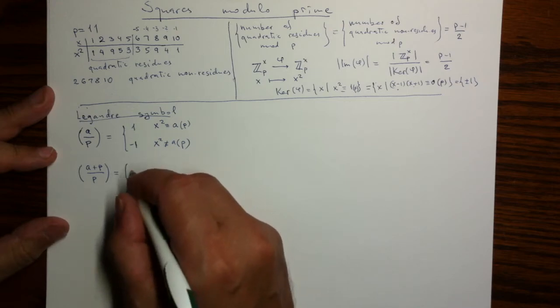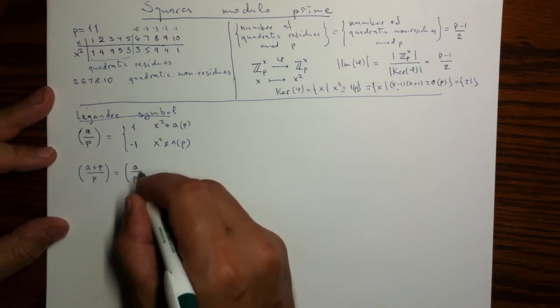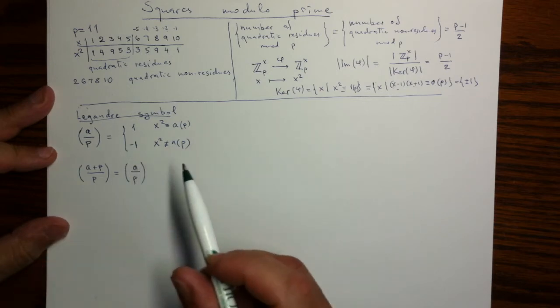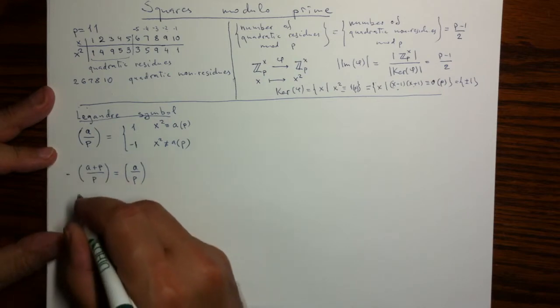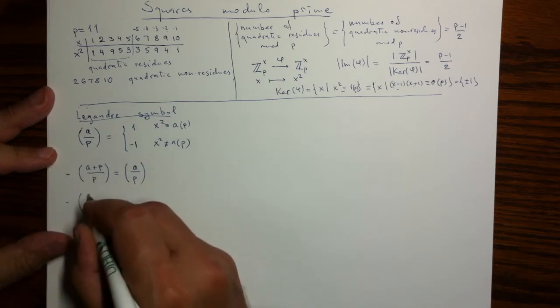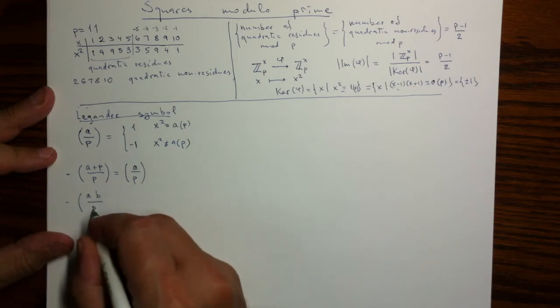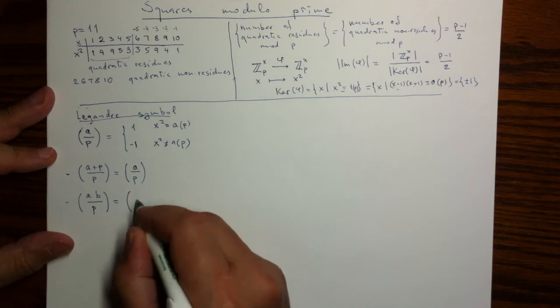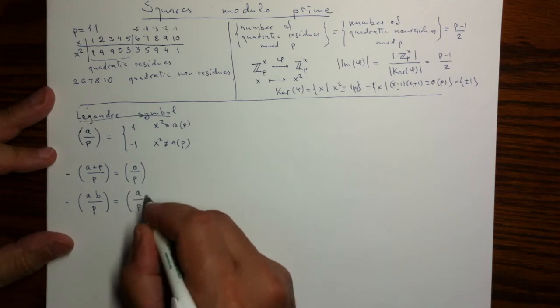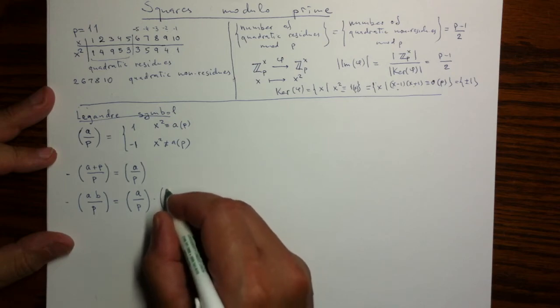If we shift a by copies of p, one or many, the answer to the question if a is a square modulo p will not change. The second property is more interesting. If we take two numbers, modulo p, or just integers, multiply, and then ask if this product is a square modulo p, then the answer is hidden in two answers. If we know them, we know that answer, and they are separate questions for a and b.